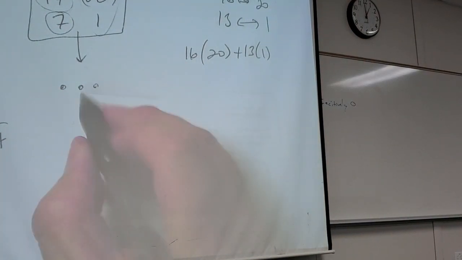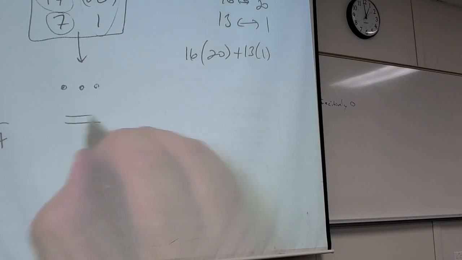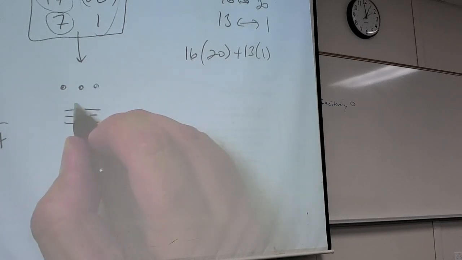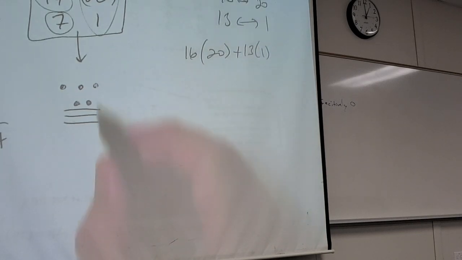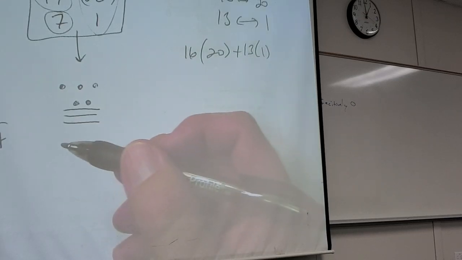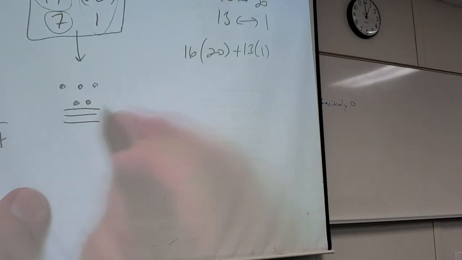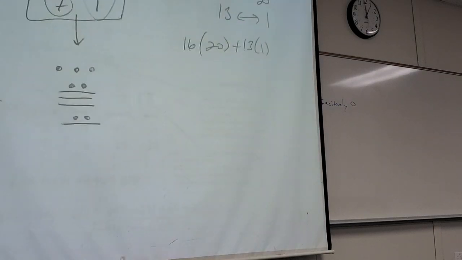How do I represent 17? 3 lines, 2 blueberries. Right, 15 plus 2. So really mine's all about what multiple of 5, and then the blueberries are the extras. And 7 is 1 line and 2 blueberries. There you go.